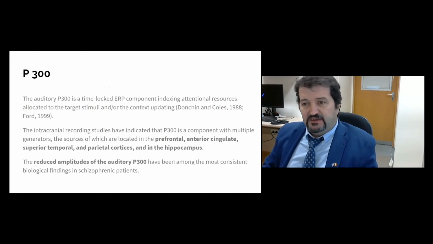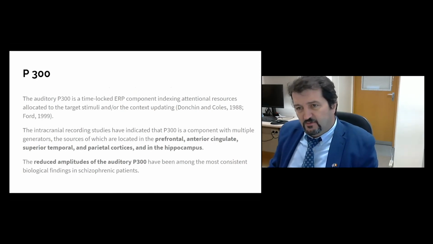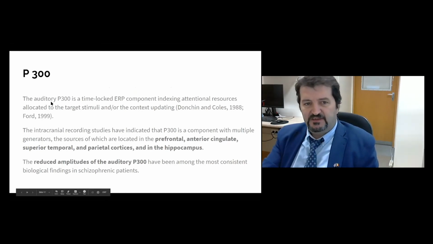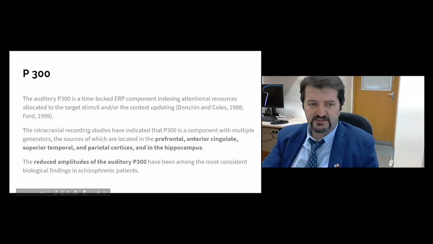So what is P300? In this work, we show the data from the N100 P300 complex and the P50. So they are auditory evoked responses, and they happen, as the name says, at 300 milliseconds after a sound stimulus is given.